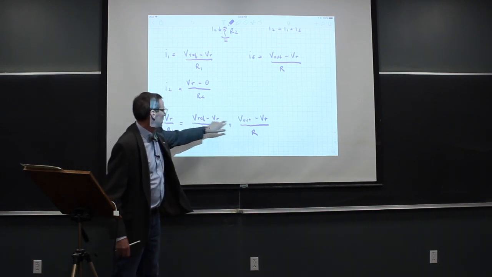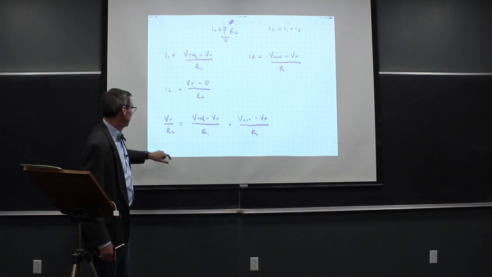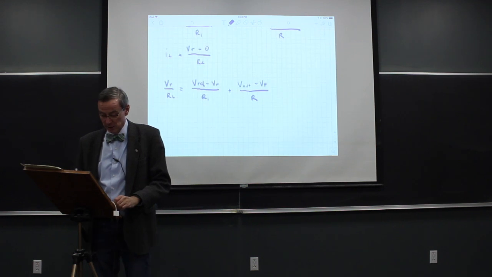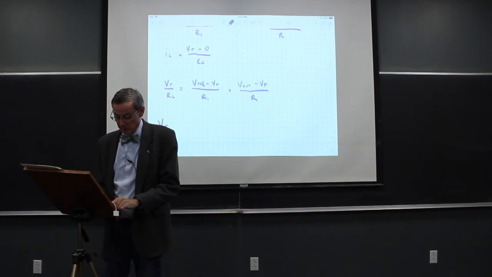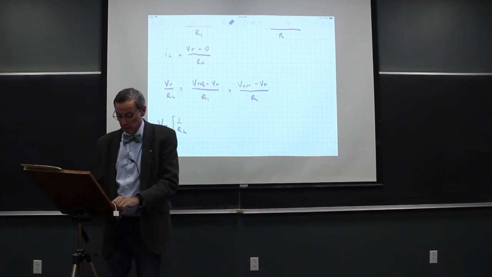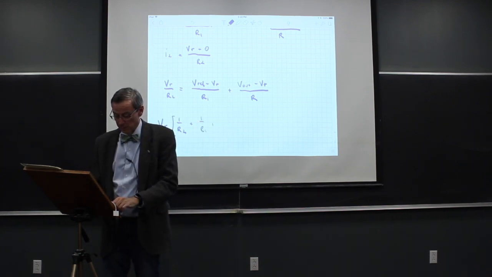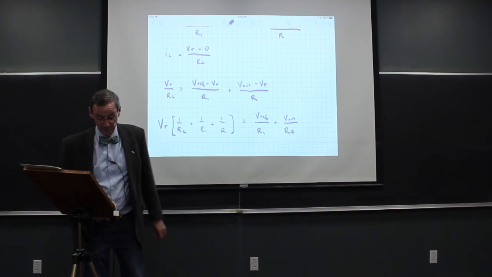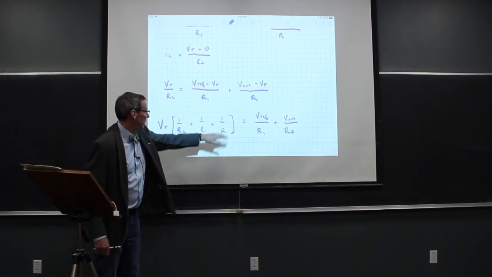We're interested in solving this for little VR, which we have in three places, as a function of the output voltage, being VCC or VEE. So we can collect the VR terms. It's VR times 1 over R2 plus 1 over R1 plus 1 over RF, and that's going to be equal to Vref over R1 plus Vout over RF. So we need to solve for VR, so we'll have to divide by that.